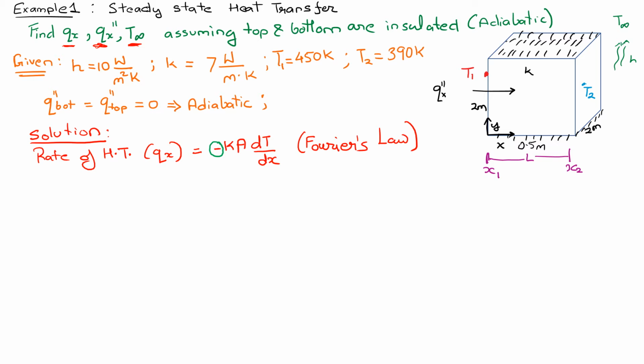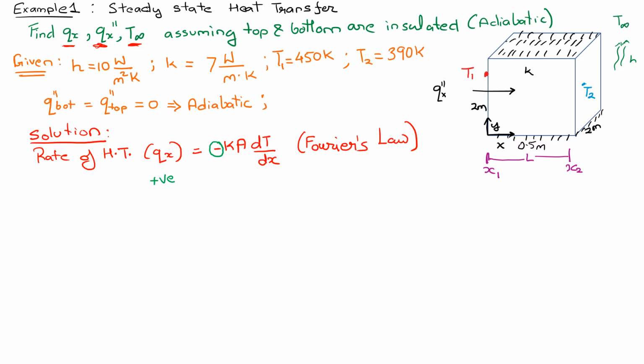Let's take this particular example. Now we know that T1 is at a higher temperature and T2 is at a lower temperature. So the direction of heat is in the positive x direction. So this quantity right here is positive. So if your left hand side is positive, the overall right hand side has to be positive.